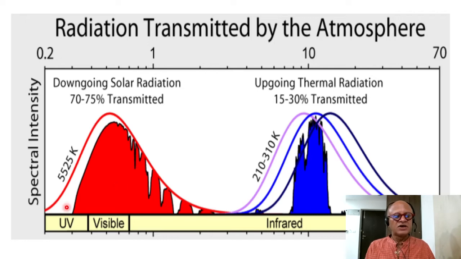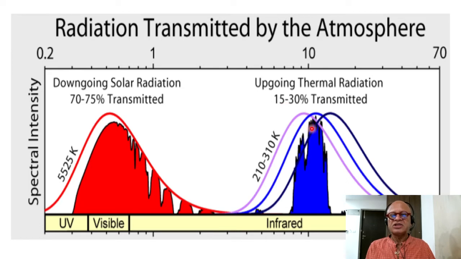So UV, the atmosphere is almost completely opaque even though it's UVC, so A and B still make it to the Earth. 70 to 75% is transmitted to the surface in the visible band, and then you have some other longer wavelengths, and then the outgoing or upgoing thermal radiation by the Earth is in the infrared range, much longer wavelengths as we saw before, and 15 to 30% of that is transmitted.